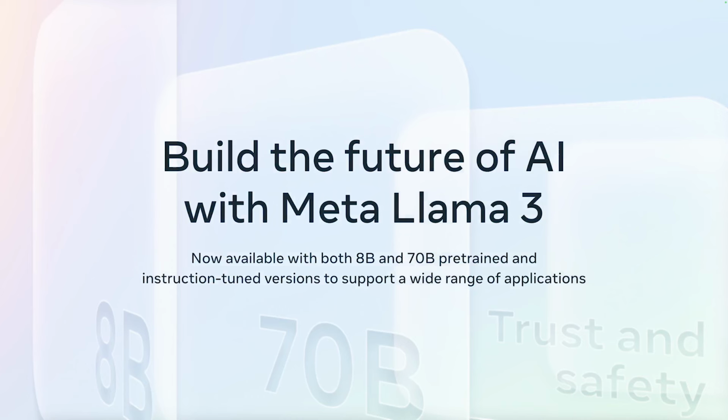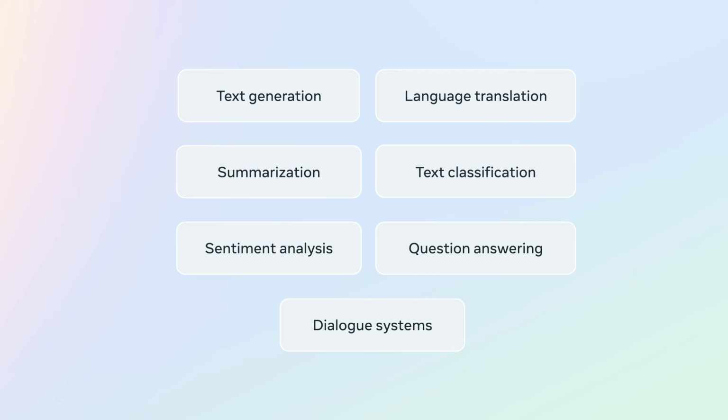Our models can generate human-like text based on a given prompt or input. Language translation: they can translate text from one language to another. Summarization: they can summarize long pieces of text into shorter, more digestible versions. Text classification: they can classify text into different categories or topics.